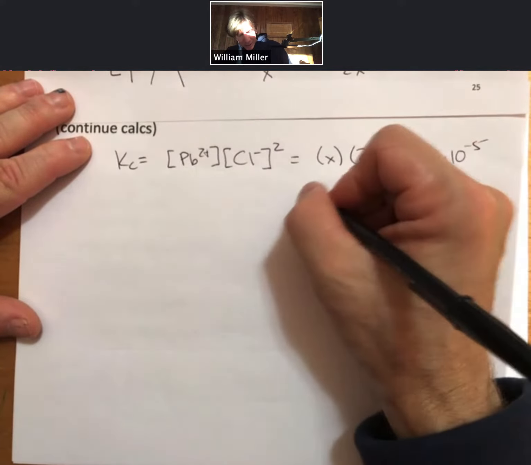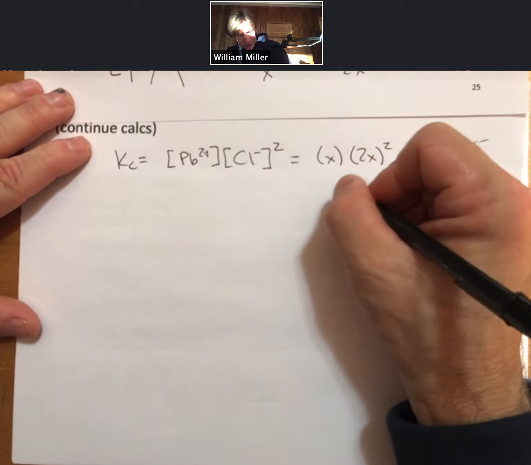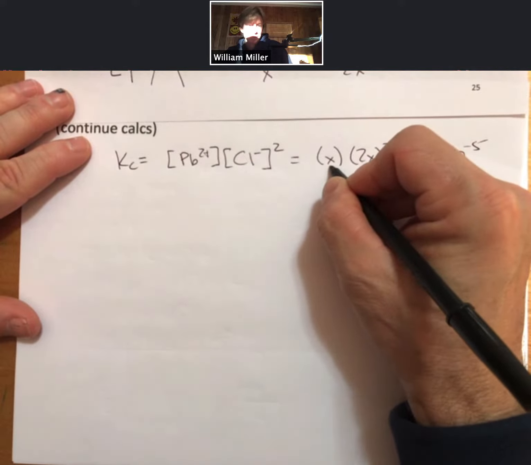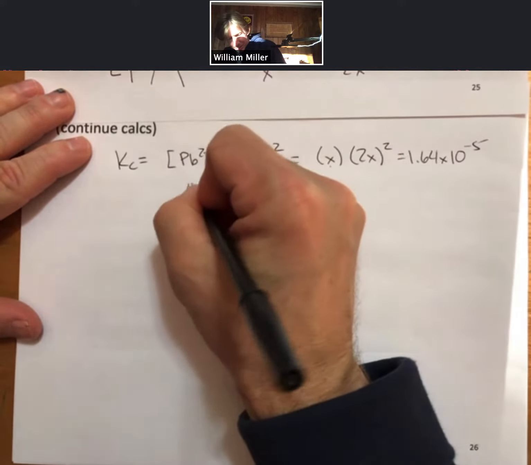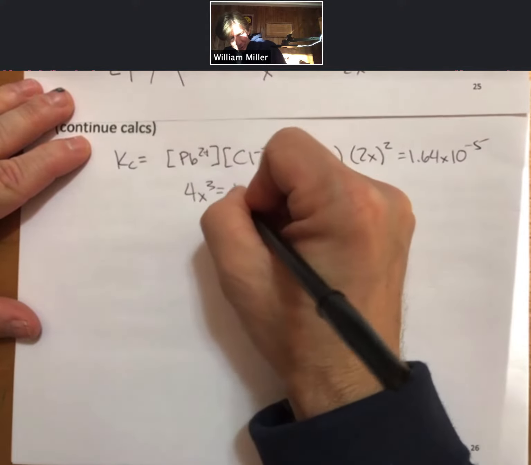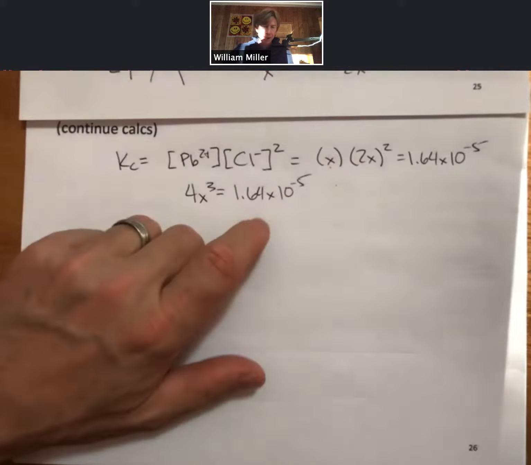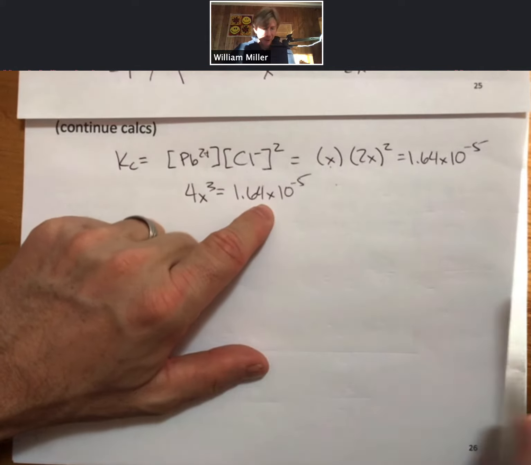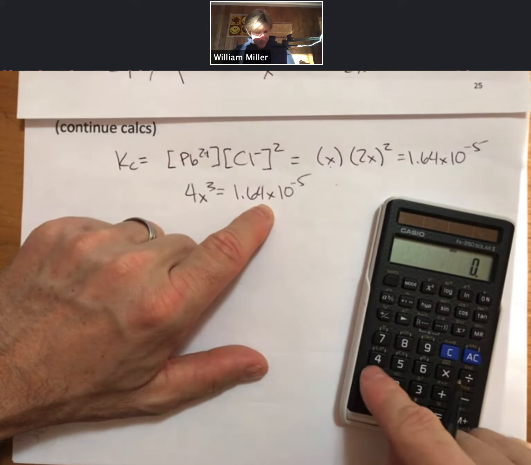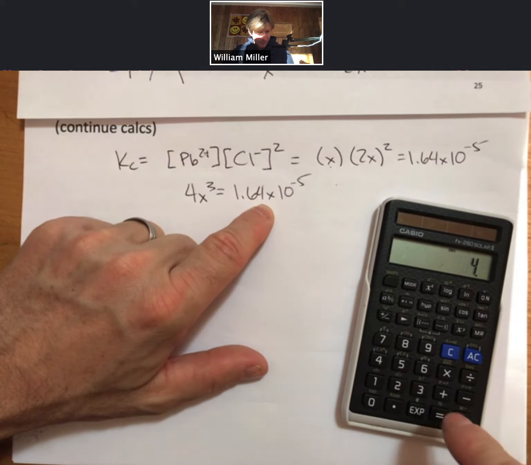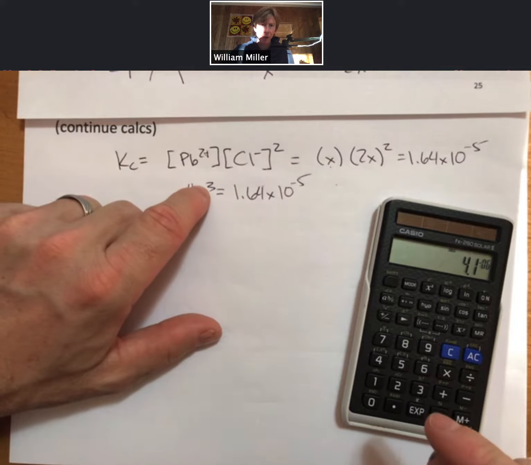We can simplify this portion right here: 2 squared is 4, so 4x squared times x is 4x cubed, equals 1.64 times 10 to the minus fifth. Divide this by 4. And then take the cube root.